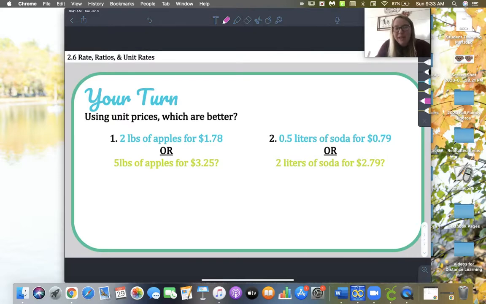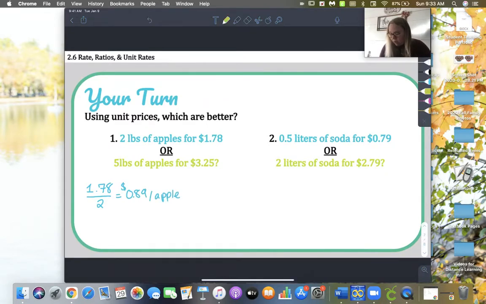Looking here, we have 2 pounds of apples for $1.78, and then 5 pounds for $3.25. So if I do my apples, I'm doing my $1.78 divided by 2, which gives us 89 cents per pound.